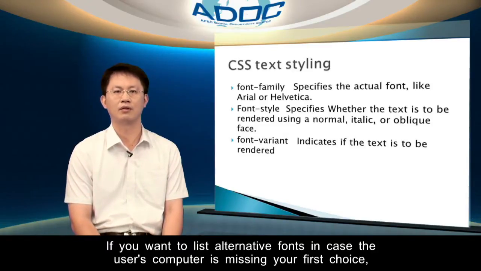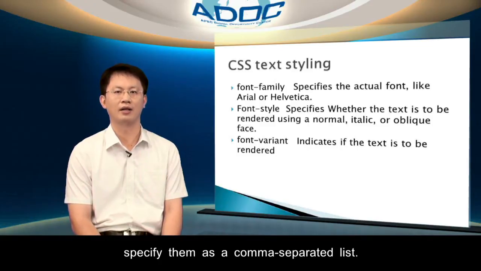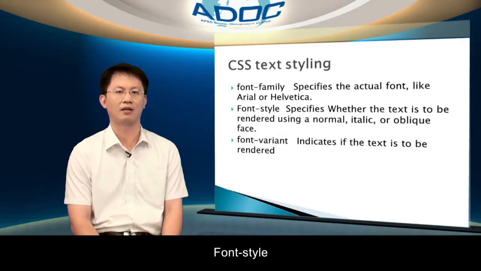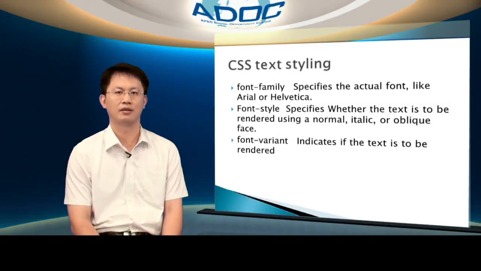If you want to list alternative fonts in case the user's computer is missing your first choice, specify them as a comma separated list, like this: font-family: Arial, Helvetica. Font style specifies whether the text is rendered using a normal, italic, or oblique face.